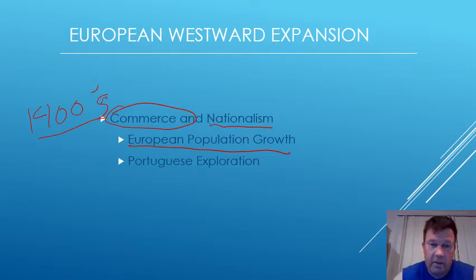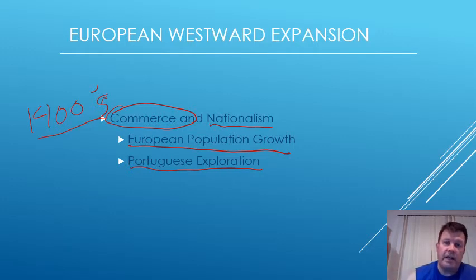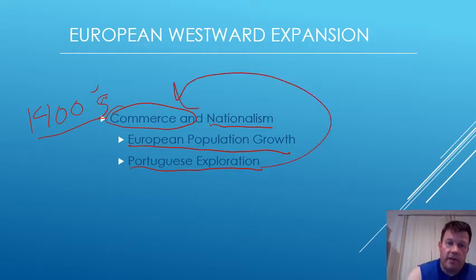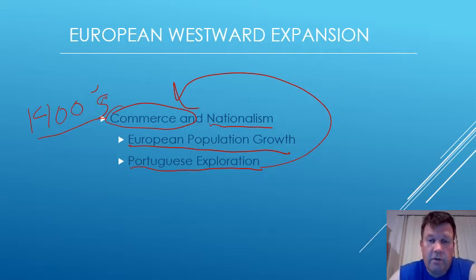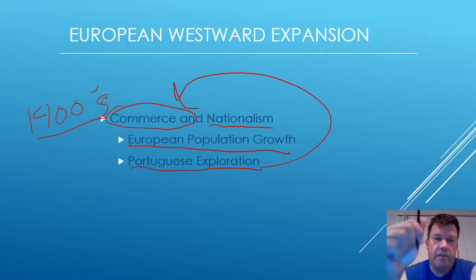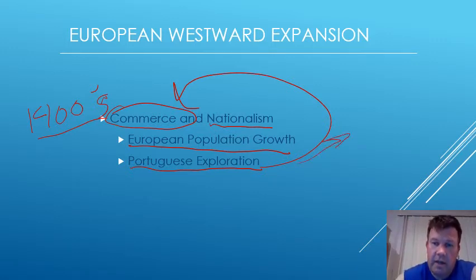The only way to do that is ultimately through exploring new territories and areas to expand into, to build up commerce. There's that commerce word again. You want to build up commerce and work at expanding your population through those means. Now, the first to really command great success in terms of exploration would be the Portuguese, specifically a Portuguese prince named Henry the Navigator.